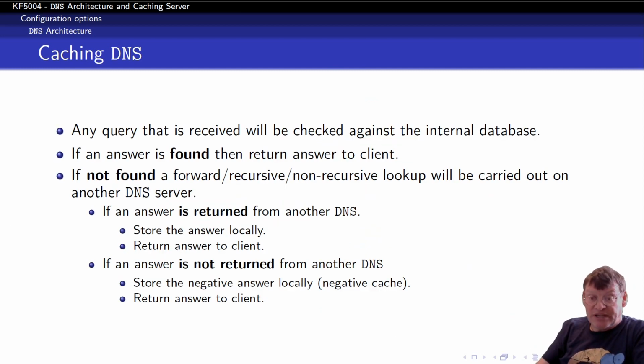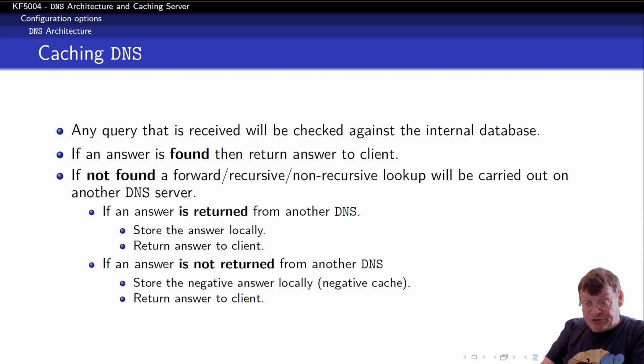So, to break it down very quickly, any query that's received is checked against the internal database. If it's found, the answer is returned. If it isn't found, the DNS server will forward on the actual request. If it gets an answer, it will store that answer and return the answer to the client.